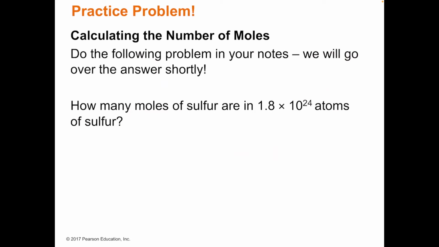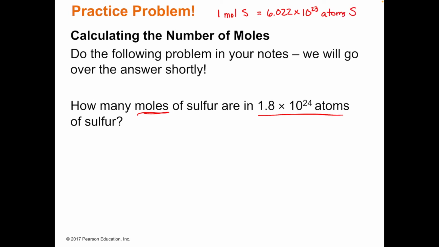Okay. So we are looking for moles of sulfur, and we are starting with atoms of sulfur. Anytime we're trying to go from atoms to moles, that's always going to be Avogadro's number. So again, we know that 1 mole of sulfur is equal to 6.022 times 10 to the 23rd atoms of sulfur.